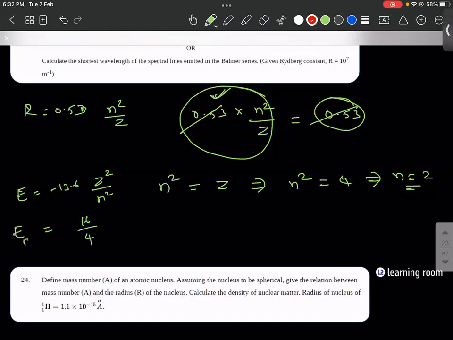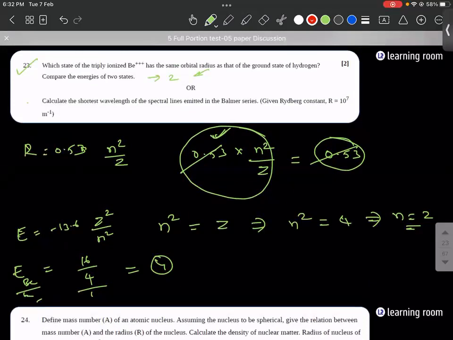So this is the energy of beryllium. And what about the energy of hydrogen? It will be 1 over 1. n is 1, Z is 1. So answer will be 4. So energy of beryllium will be equal to 4 times the energy of the hydrogen atom. Clear? So that is one way.